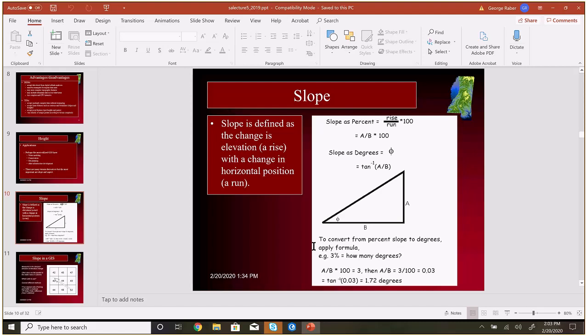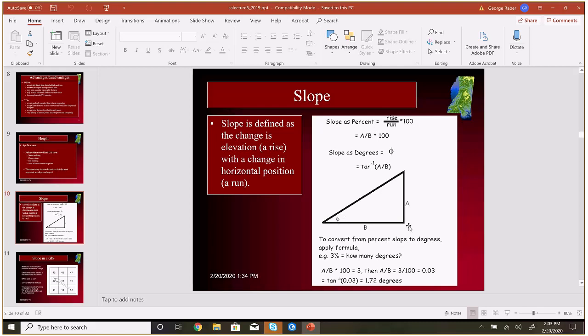The way that it's calculated mathematically is that it's just the rise over the run. And since we're talking about space, the run is always going to be geographic space, like a distance. And the rise is going to be the change in the variable, which is usually going to be elevation. Right?